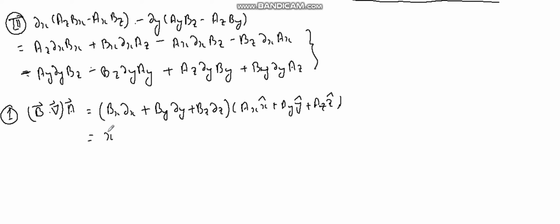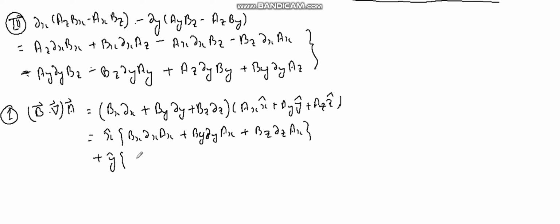Okay, so for the x component we will get bx del x ax plus by del y ax plus bz del z ax, plus for the y cap we're gonna have bx del x ay plus by del y ay.